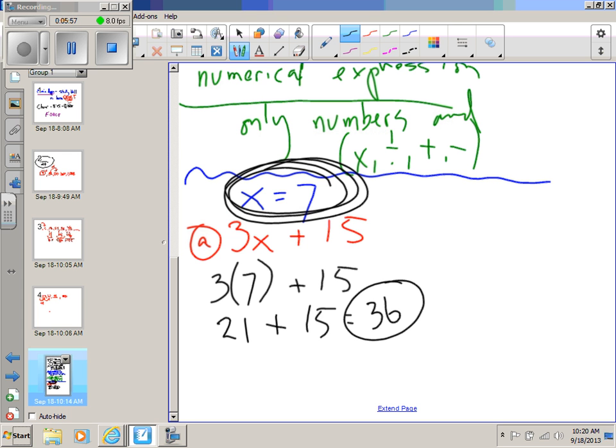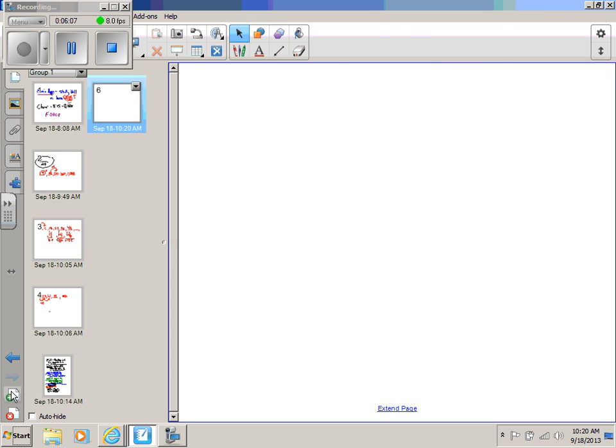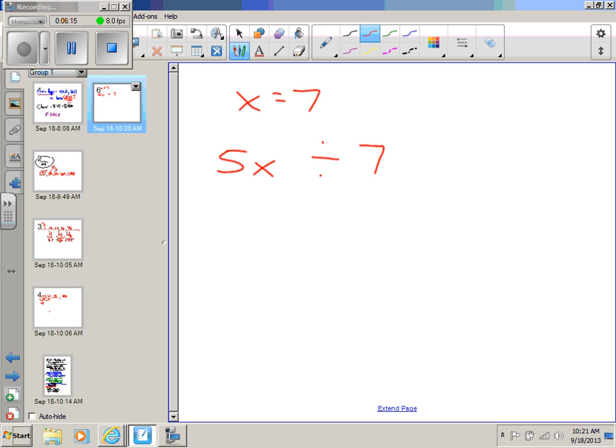Okay, just evaluated the first one. Try this one. Again, we are going to say that x is equal to 7. So if we see an x, try this one: 5x divided by 7. Evaluate.